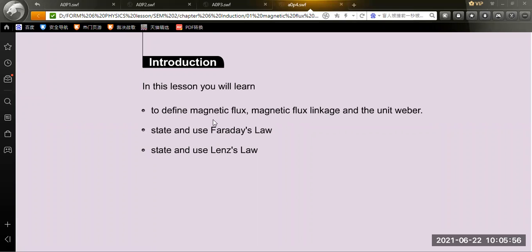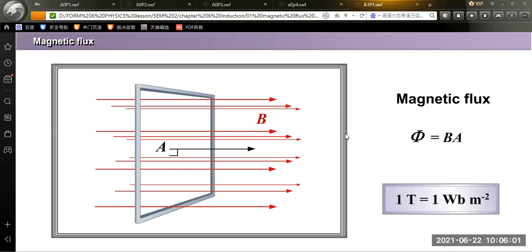Now, let's look at the magnetic field. The magnetic field lines are represented by the red arrows. So A will be the area of the coil. For example, the direction of the surface of the area is in this direction.